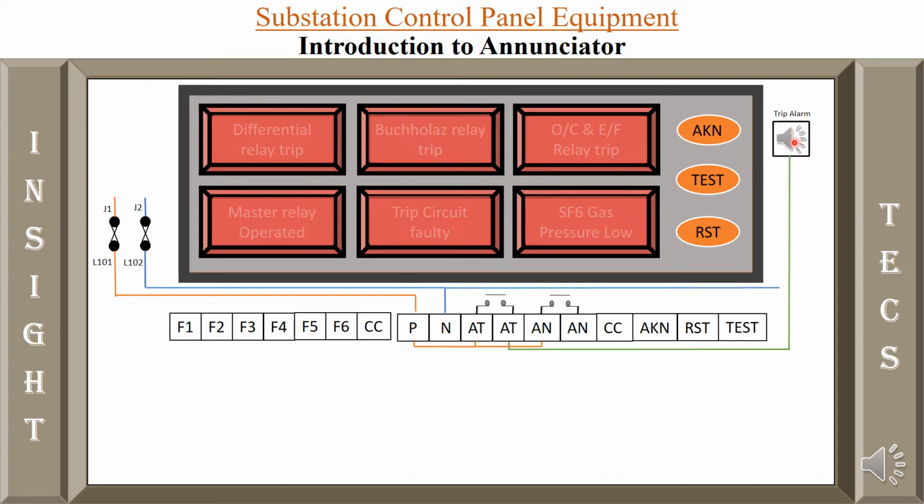The negative is already extended to this alarm. So whenever this differential relay trips, this contact gets closed and this positive gets extended over this alarm, and the hooter will sound. That will indicate that you have a relay trip.